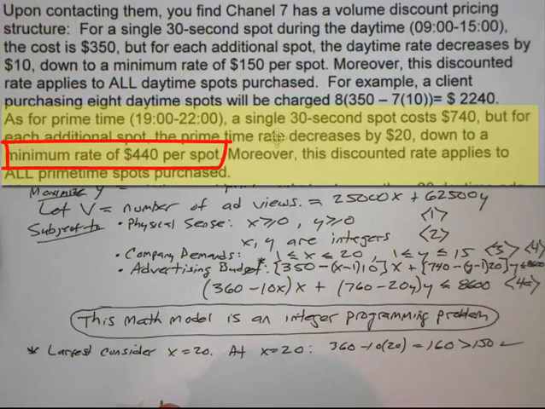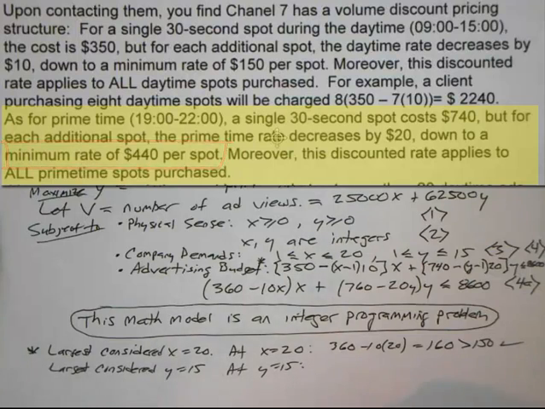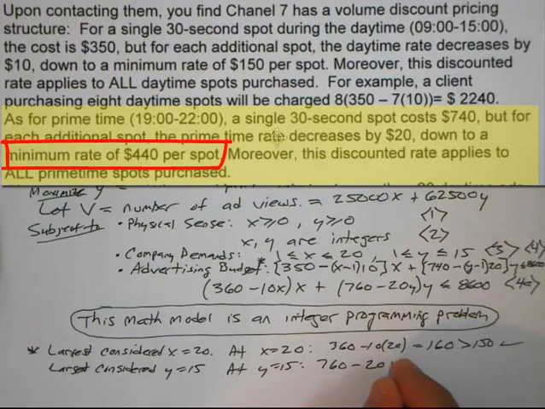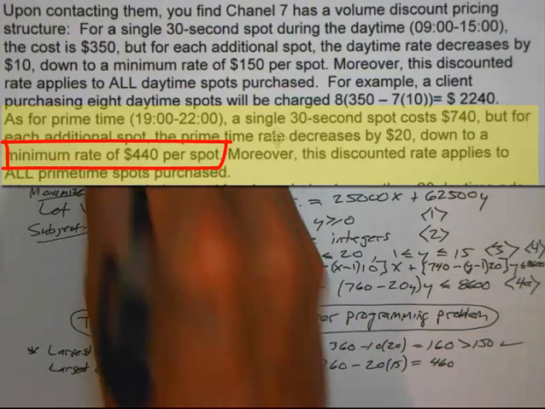It is 15, right? So the largest considered y equals 15. At y equals 15, what happens then? We would have 760 minus 20 times 15. So what's this? This is 300. 760 minus 300 is 460. 460 is above the minimum there.